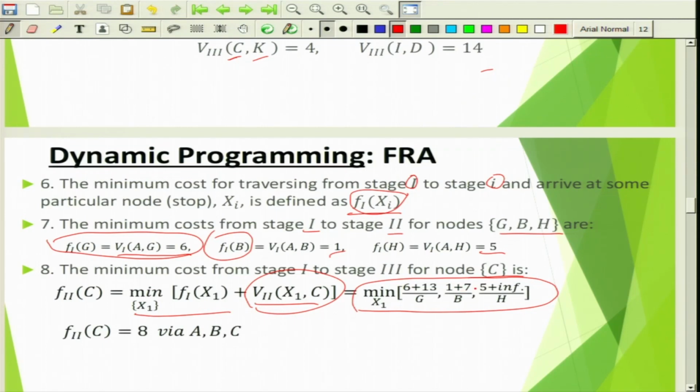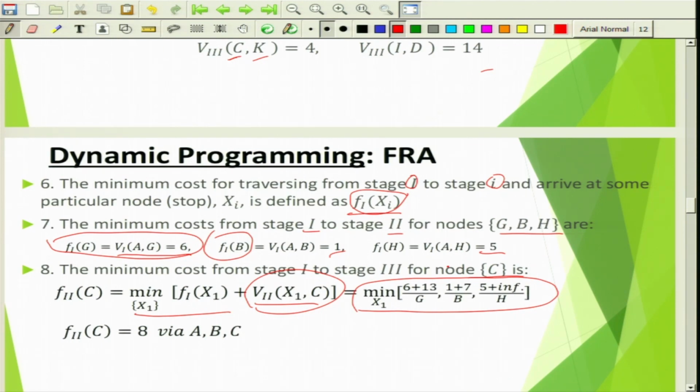Similarly, to reach point B, the most minimal is 1 rupee, and from B to C it is 7. So, 1 plus 7. To reach point H from point A, it took 5 rupees, and from H to C it is infinite, because there is no direct path available.